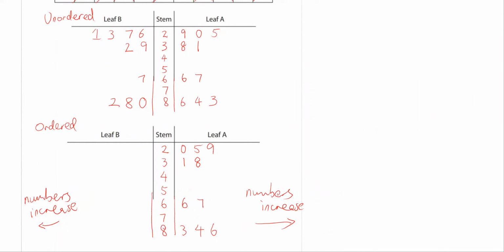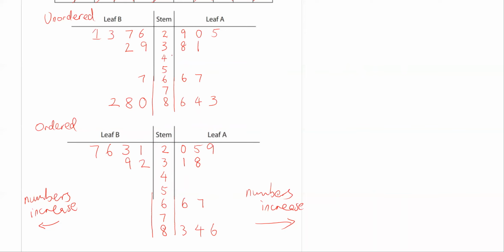Starting with our 20s, the smallest number is 21, so I write it closest to the stem. The next number is 23, so 2, 3, 26, 27 in that order. Now next we have 32, 39.